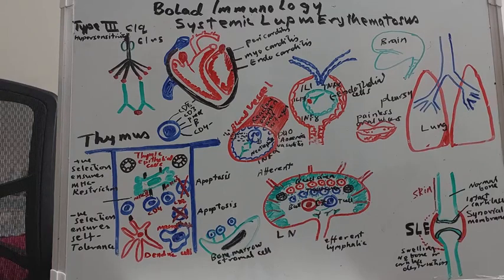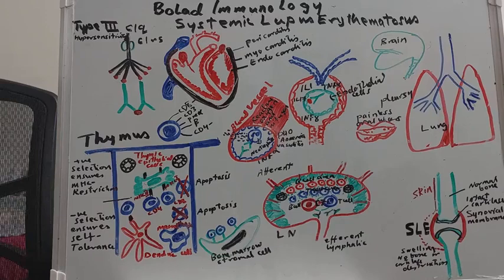Okay, so the immunocompetent B cells expressing membrane IgM and IgD are generated in the bone marrow, and only 10% of potential B cells reach maturity and exit the bone marrow.